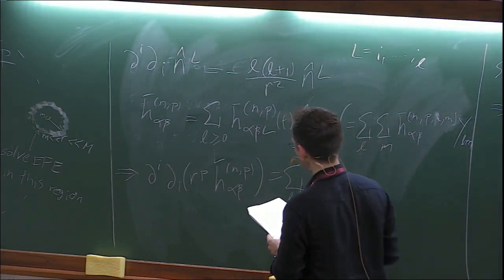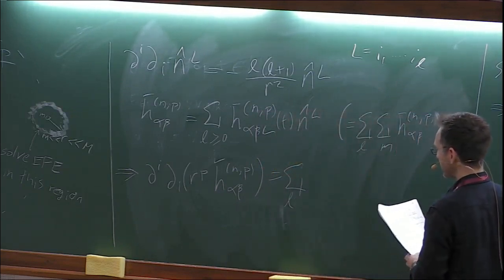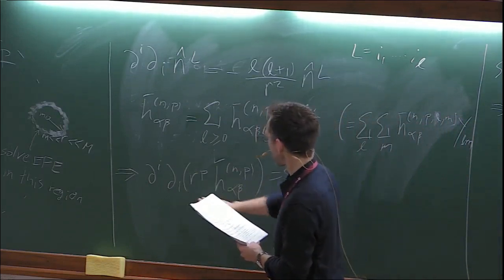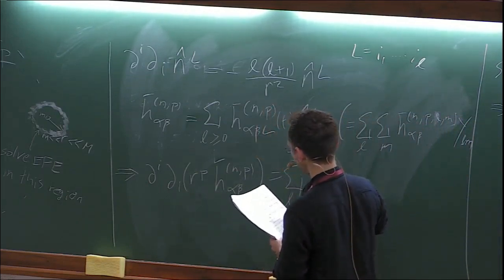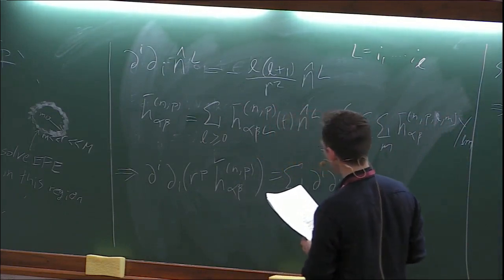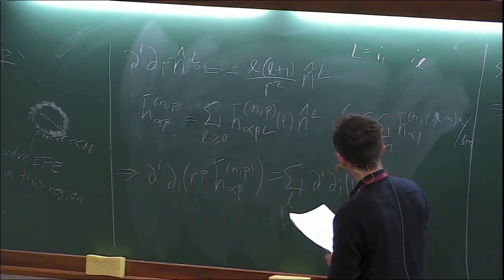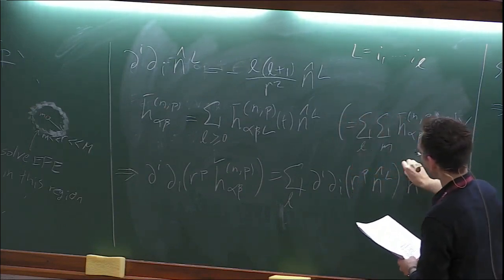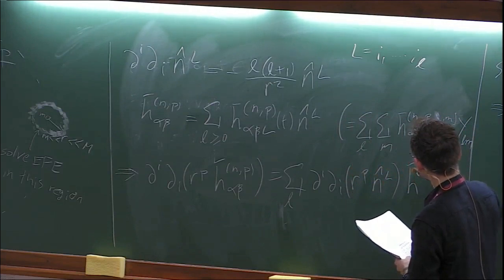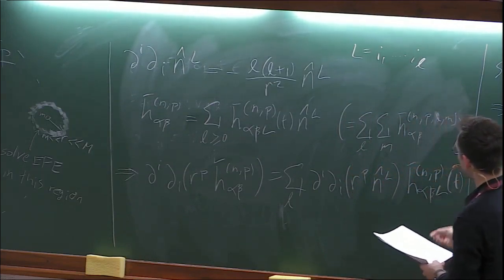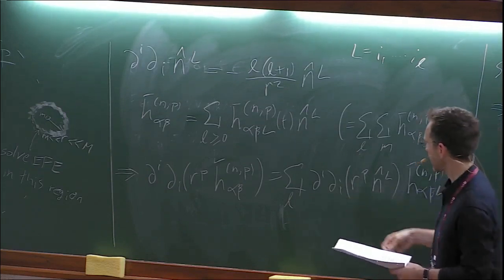Now this was one of the exercises, to show what comes out of this expansion. So now we have the flat space Laplacian acting on r to the p n hat L, and then these coefficients h bar n p alpha beta L. They only depend on time, so the Laplacian doesn't act on them.